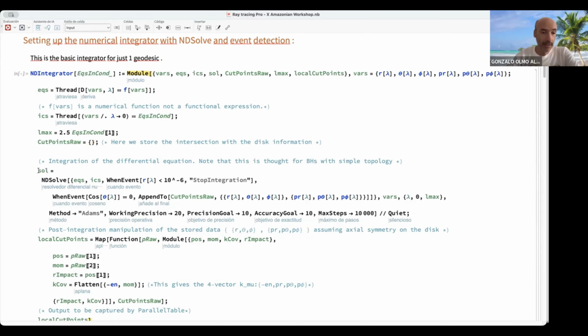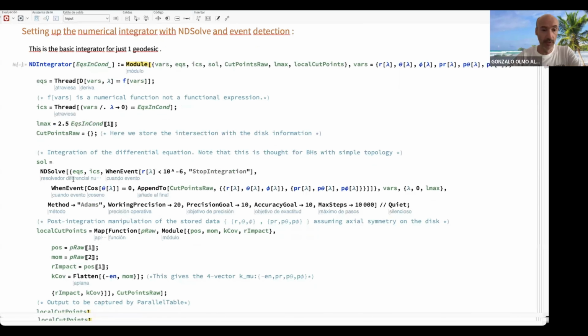And then we carry out the numerical integration. The structure is basically the same. We have the NDSolve solver, the equations, the initial conditions, and the condition to stop if we get very close to the center.